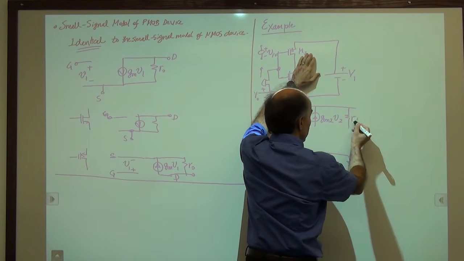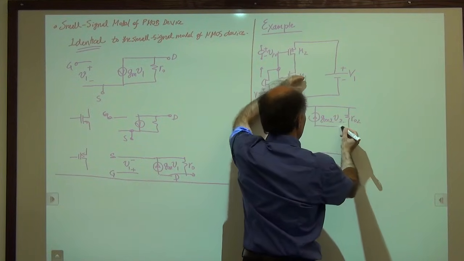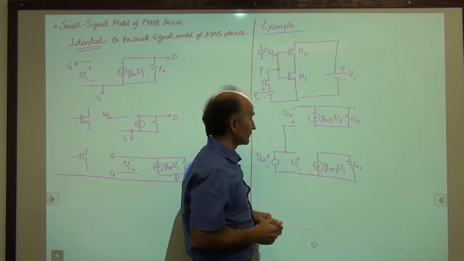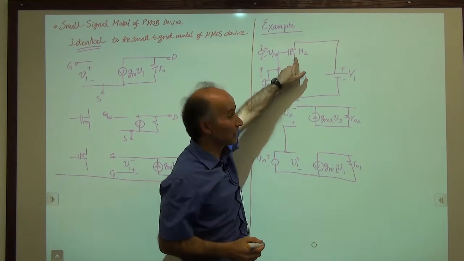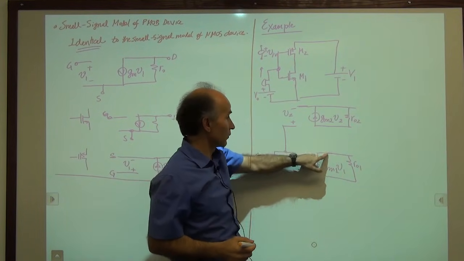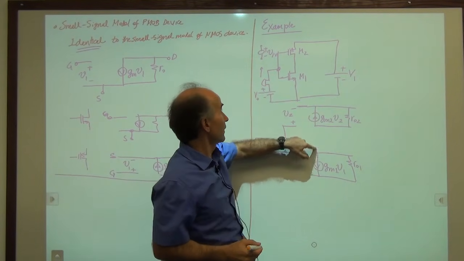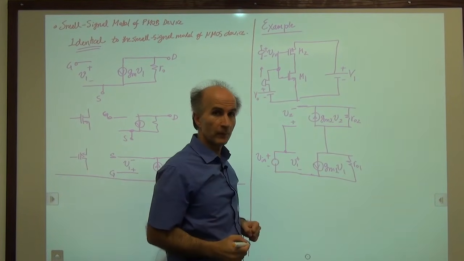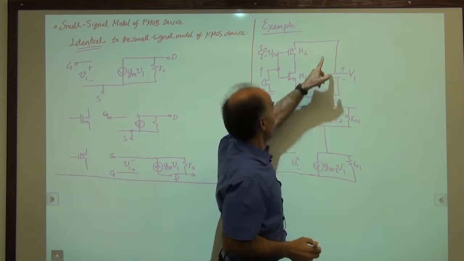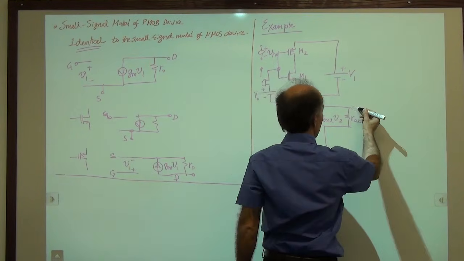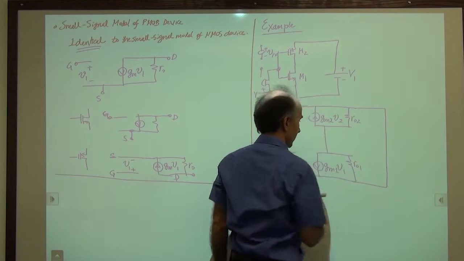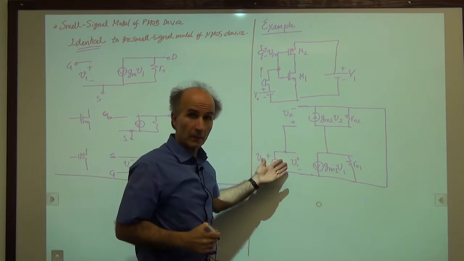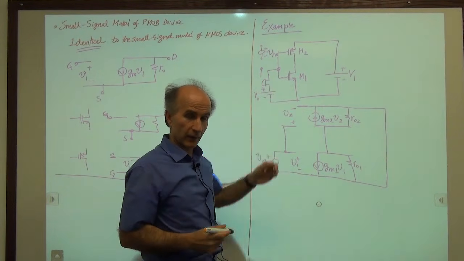So here's RO2, and this is connected to the drain. So that's the drain of the PMOS device. This is the drain of the NMOS device. And it just happens that they are shorted, so we short them together. What else is left? Well, we have a battery here, and the battery is replaced by a short circuit. So that goes right like this. This is the small signal model of this circuit.